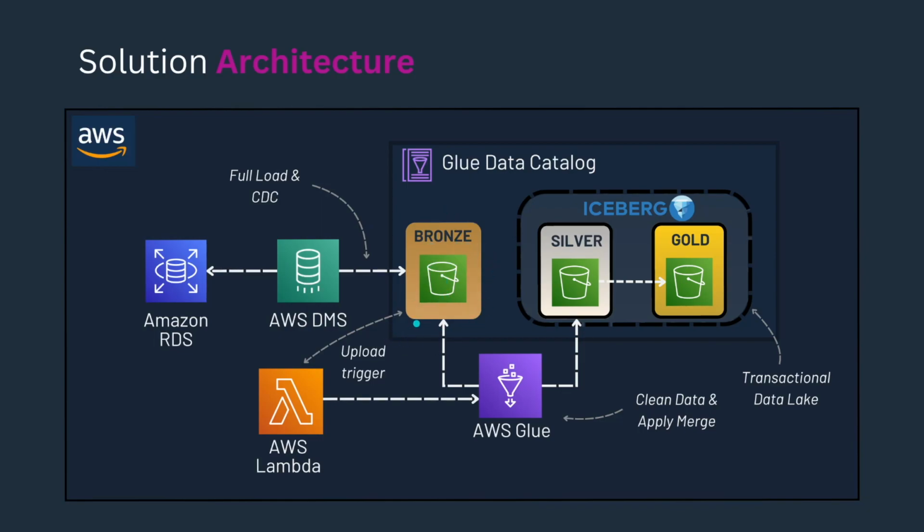This triggered the Lambda function to trigger the AWS Glue job to perform the deduplication logic, to do the cleaning on the browse data, and then to perform the merge operation into our silver bucket, which is an Apache Iceberg table. And then I've also shown you how to use the time travel feature in Athena using Apache Iceberg to look back in time before operations were performed. And all of this is automated here end to end.